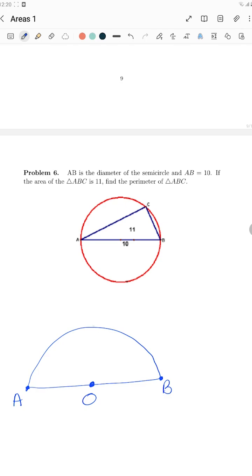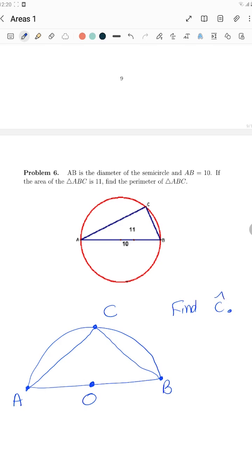And now if I construct any point on a semicircle, let's call that point C, and let's connect A to C and B to C. Let's see if we can calculate angle C.